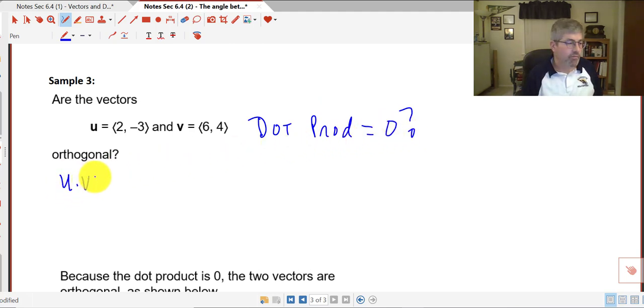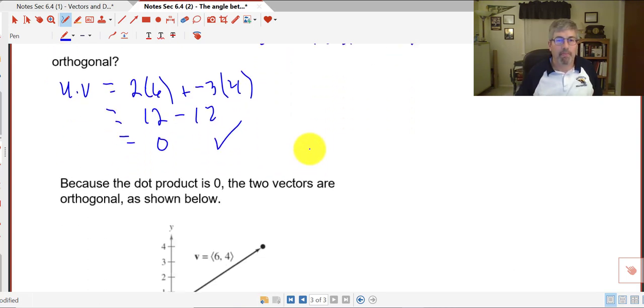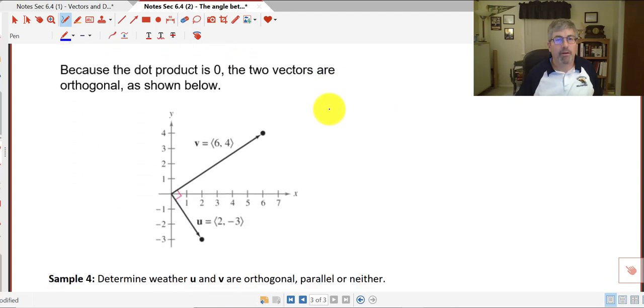So u times v equals 2 times 6 plus -3 times 4. 12 minus 12 is indeed equal to 0. U and v are orthogonal. And there's an example of what that would look like on the coordinate plane.